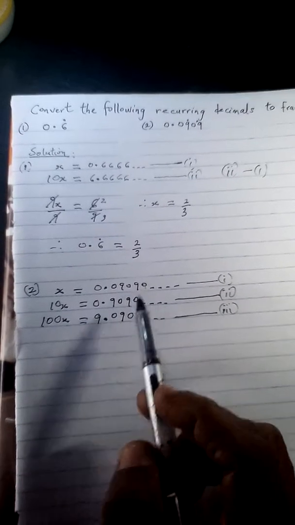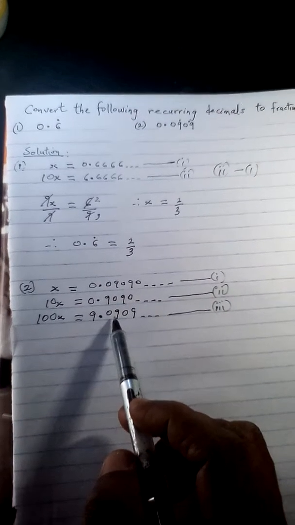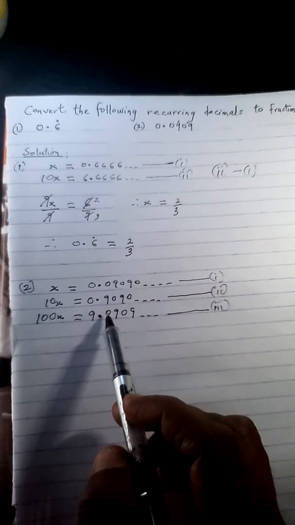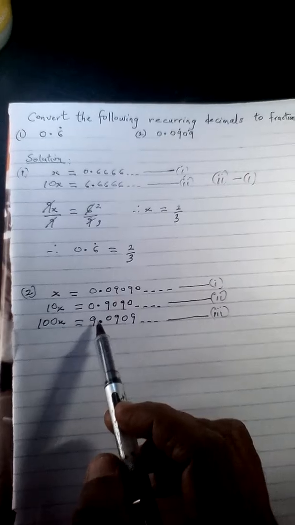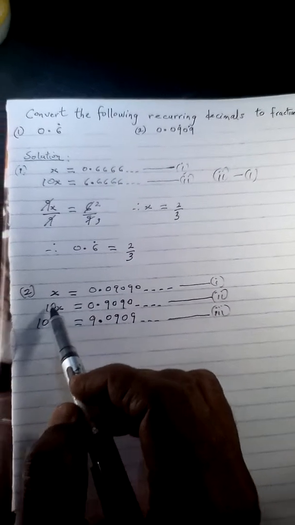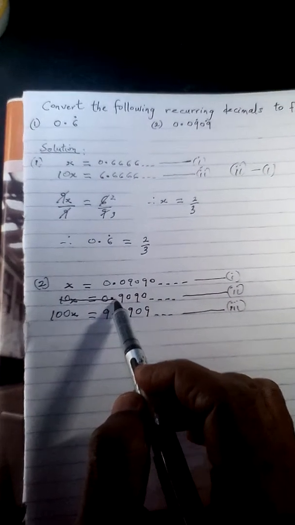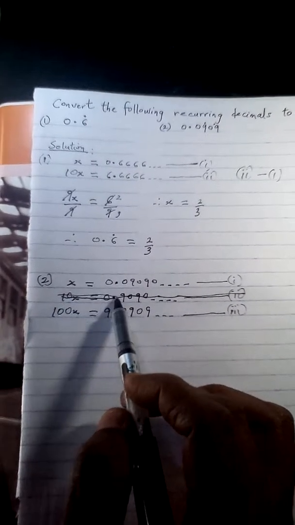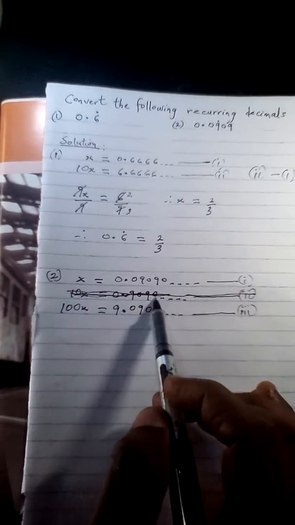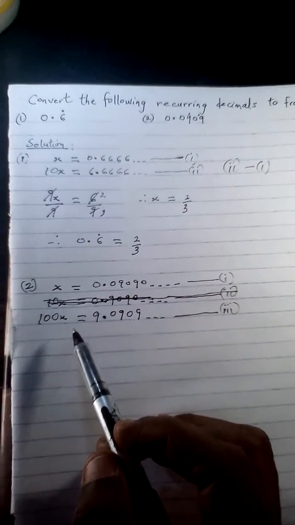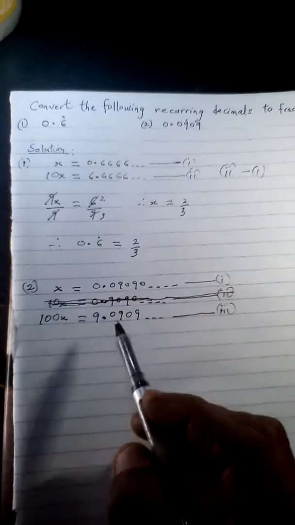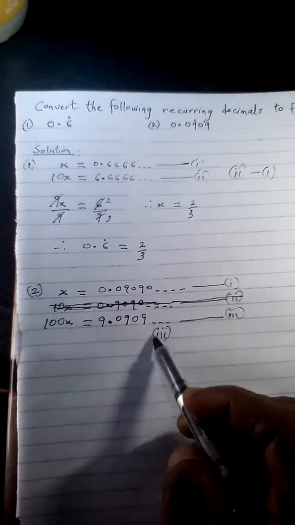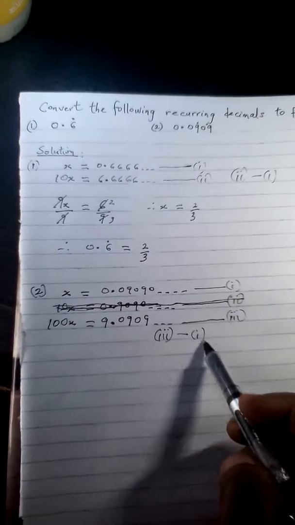So only equation 1 and equation 3 have the same number immediately after the decimal points. So that means we'll be using equation 3 and equation 1. So this equation 2, we don't need it. So from here now, we subtract equation 1 from equation 3. That is equation 3 minus equation 1.